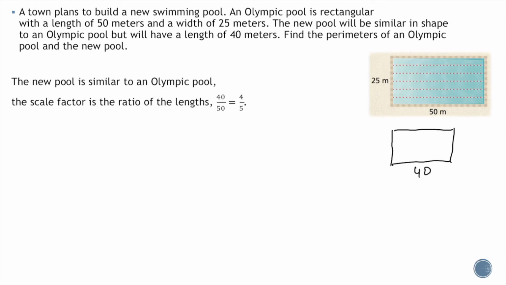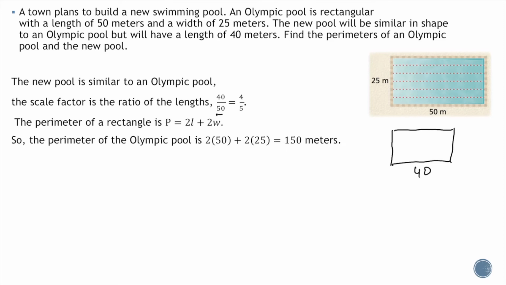So the scale factor is the ratio between the lengths, which in this case is 40 divided by 50, or 4/5. And we know that the perimeter is equal to 2 times the length plus 2 times the width. So let's find the perimeter of the Olympic pool, which is 150 meters. Again, that is 25 plus 50 plus 25 plus 50.